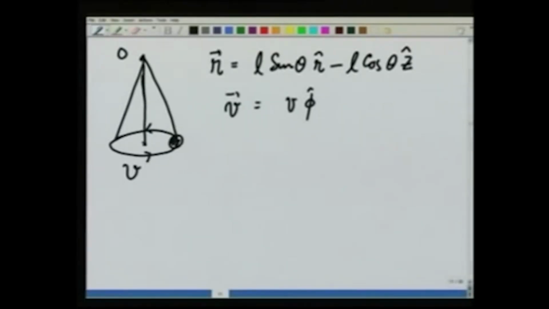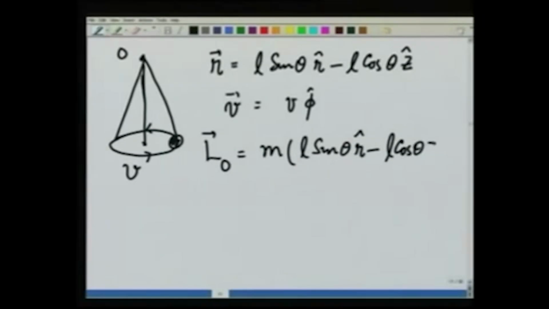This is where point A is, and therefore, the angular momentum L about O is going to be m times L sin theta r minus L cosine theta z, cross v phi. R cross phi is z.